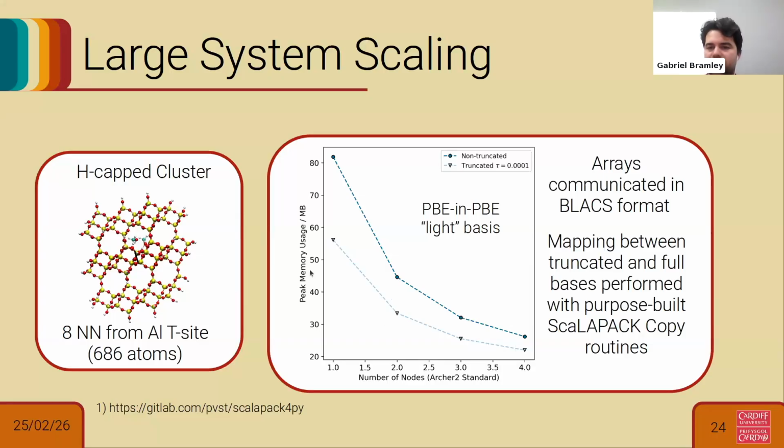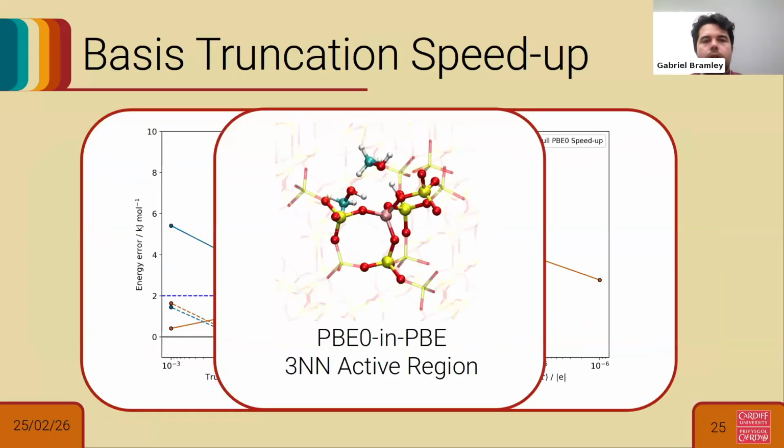That's nothing fancy, but it shows that we can at least scale in terms of memory, and timing scaling also works reasonably well for the linear algebra operations that we perform in EmbASI. And also, we hope we have a performant way of mapping between the truncated and full supramolecular basis representations of the density matrix and the Hamiltonian.